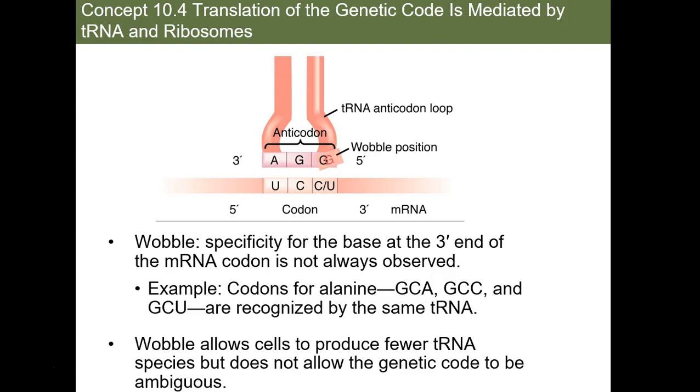The codon's first two letters, G and C, are the same for alanine, but the final nucleotide in the codon is recognized by the same tRNA. This wobble effect allows cells to produce fewer tRNA molecules, which can save on energy and time to produce protein.